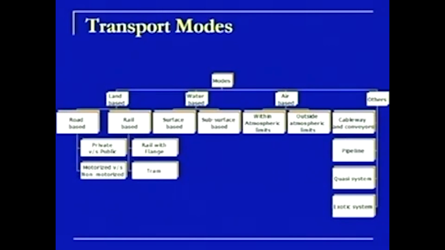Again, we can have the classification within the land transport systems or water transport systems or other systems as being shown here. Now, we will be concentrating on the system which is termed as rail with flange system, that is the conventional train system.